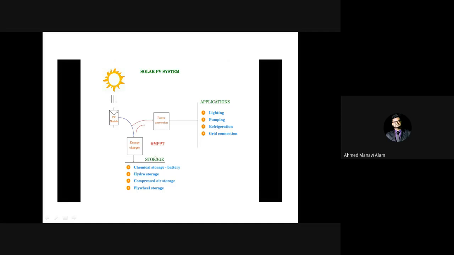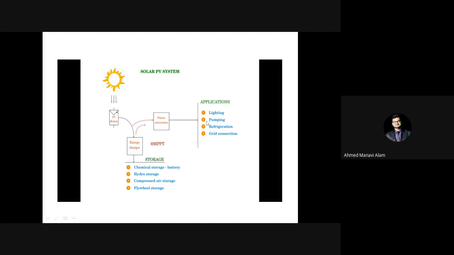Suppose on a bright sunny day you are producing 200 to 300 kilowatt power, but in your house you need only 100 kilowatt power in a single day. Suppose it is just a number, 100, so there are 200 kilowatts of energy that is saved.